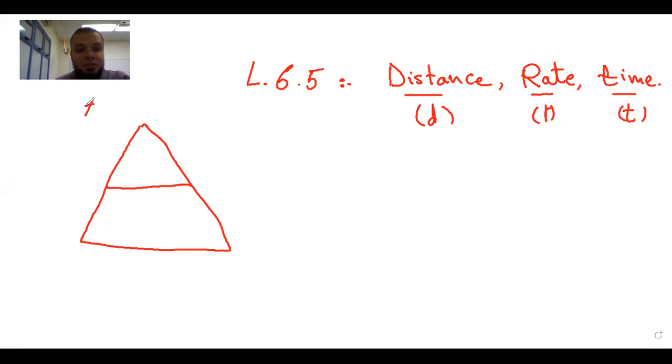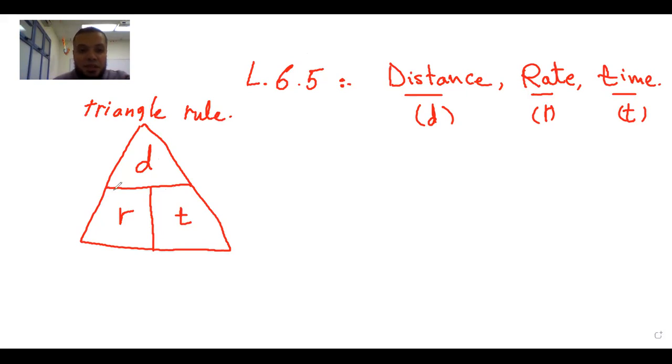I named it triangle rule. Here D, distance. Then cut this area into 2 equal parts like this. Right here R and here T.